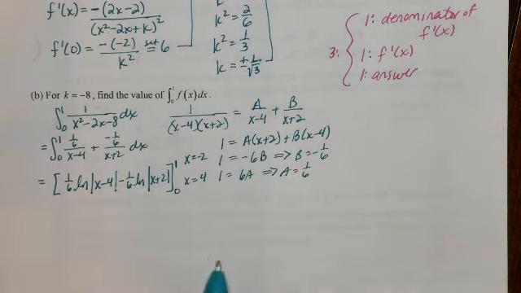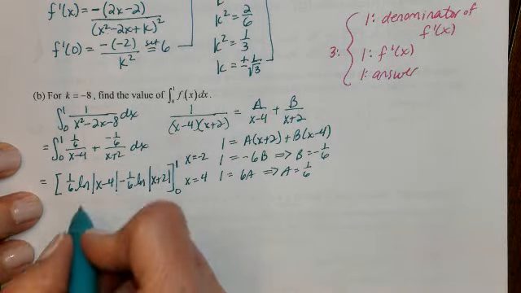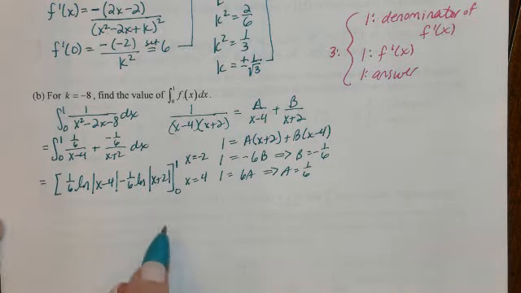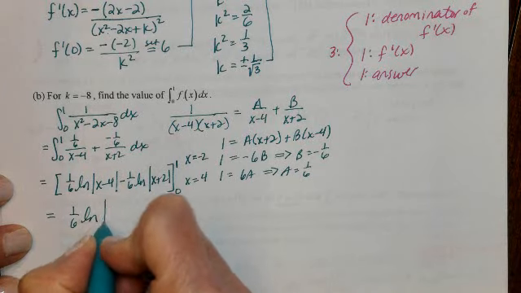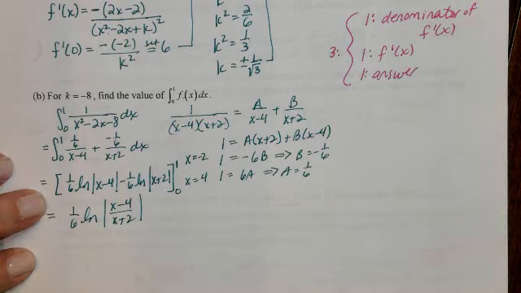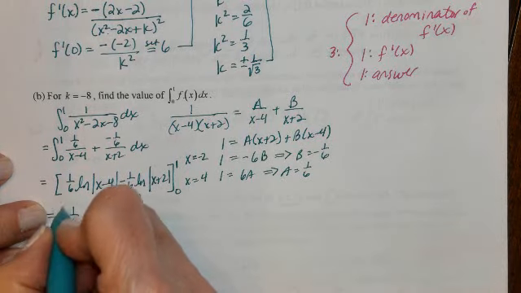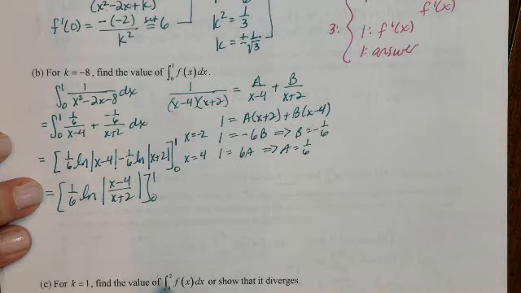Now we are going to plug in. Before I plug in, I would probably change this to 1/6 natural log of x minus 4 over x plus 2, just using my little log properties. But you don't have to. You can just plug in as it is.